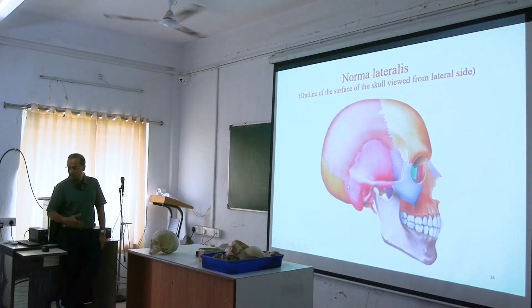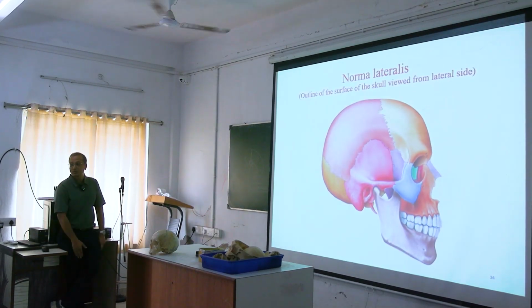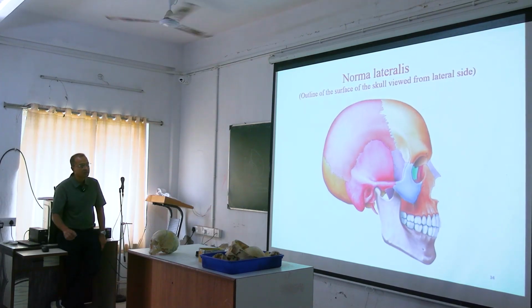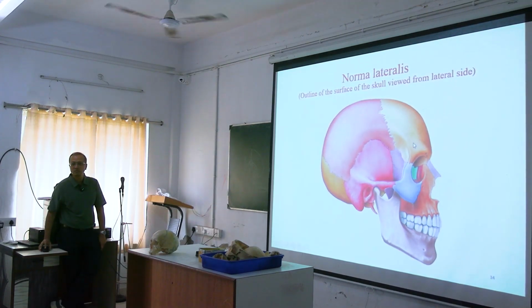From the sides, if I am looking at this skull, we call it Norma Lateralis. Again, you are seeing some bones. What bone is this one? Frontal bone. This bone, parietal. Next to the ear, temporal bone. This bone uniting over here, zygomatic cheekbone. This is maxilla. This is mandible.